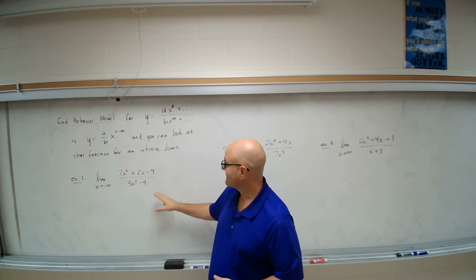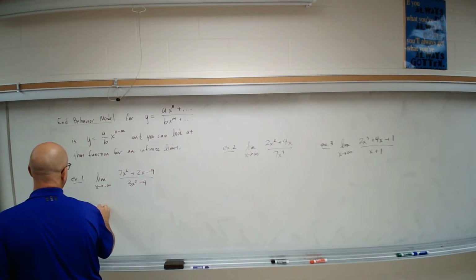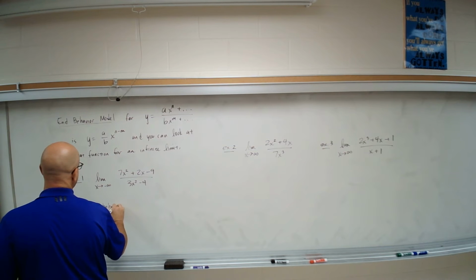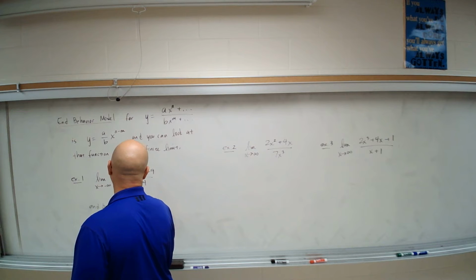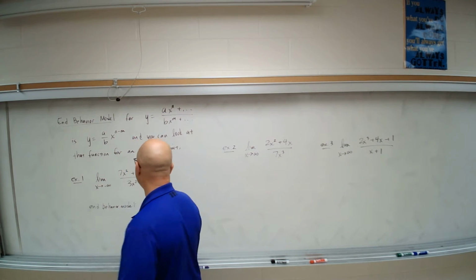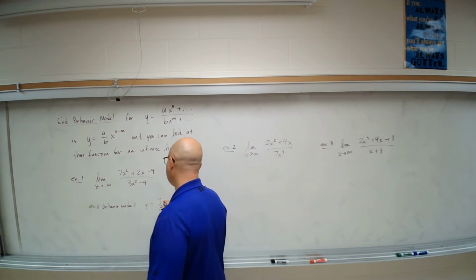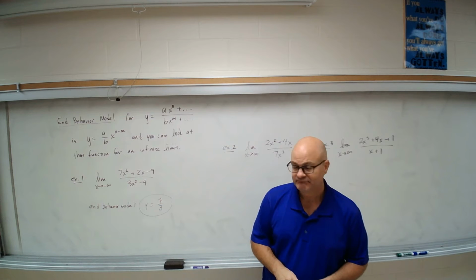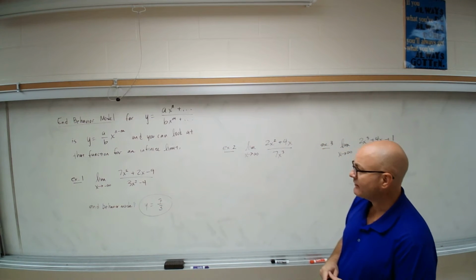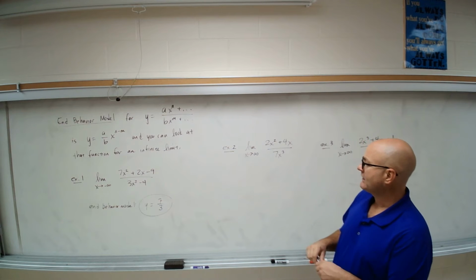So for example 1 here, our end behavior model would be y equals 7/3, and then we have x squared on top and x squared on bottom. So it's just going to be y equals 7/3. That's all we're going to get there. We'll look at that in a second.